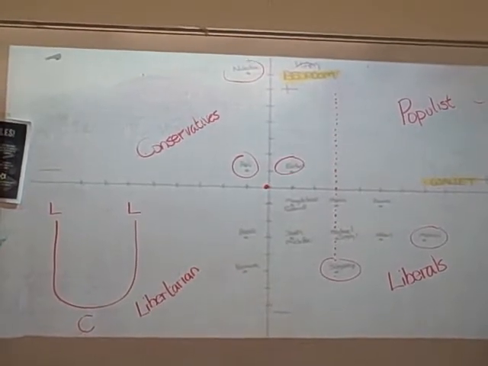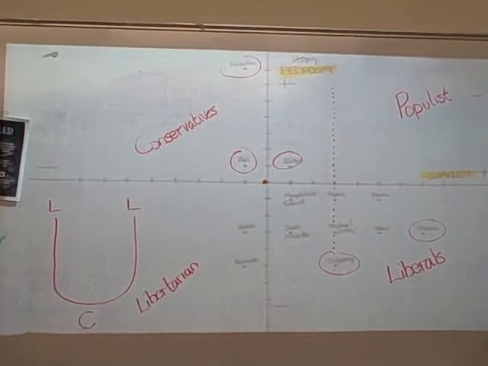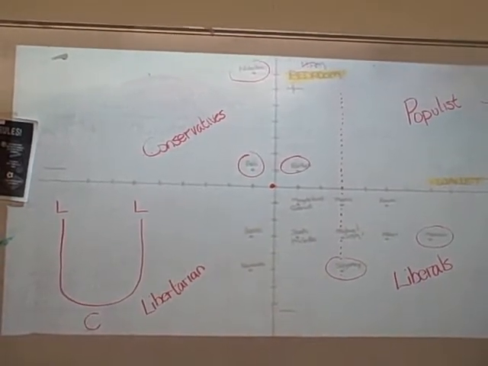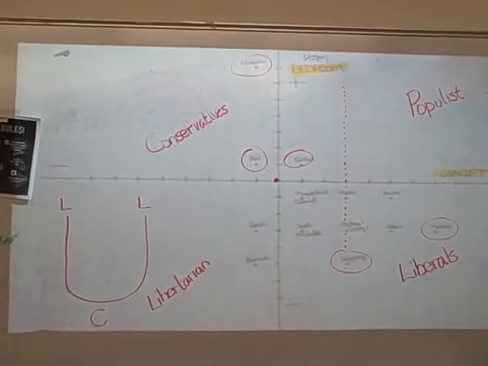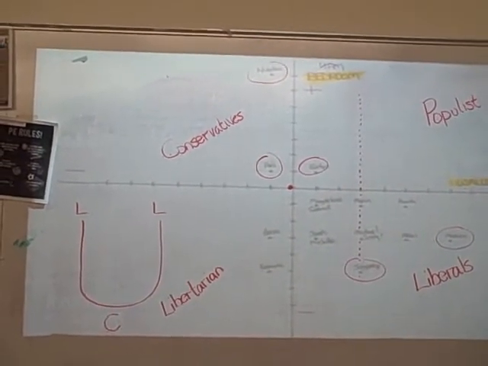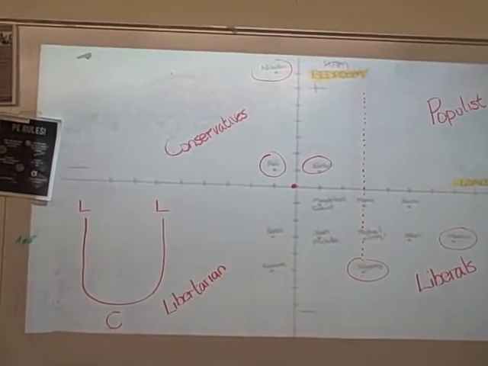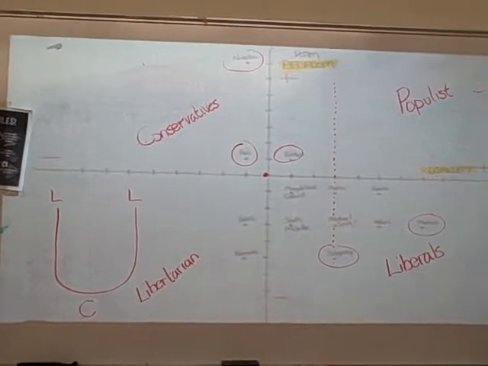Now, the basic idea on this is that if you have a good idea of how much a person believes that government should regulate economic issues, and how much a person believes government should regulate moral or social issues, you can, with a reasonable amount of certainty, begin to predict what their political views are going to be. And what I've done is I've plotted your views.